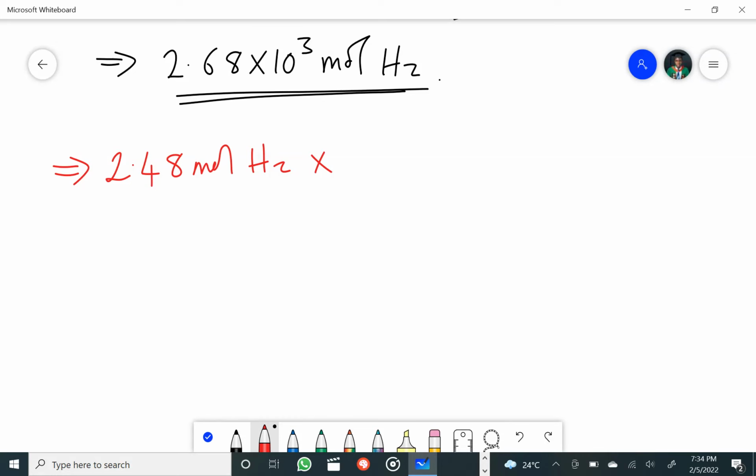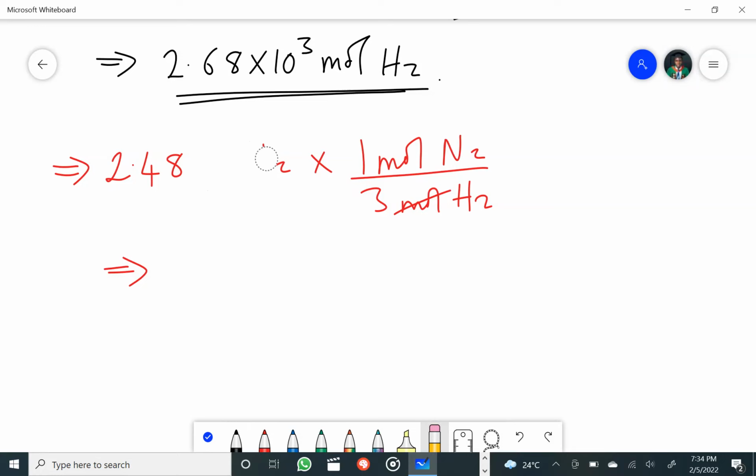Remember, the one which you want has to be on top. So nitrogen is on top. Then here it's going to be 3 moles of hydrogen, using the mole ratio. So here we're dividing by 3. It should be in scientific form, 248.